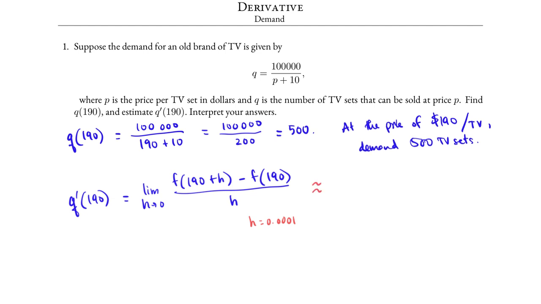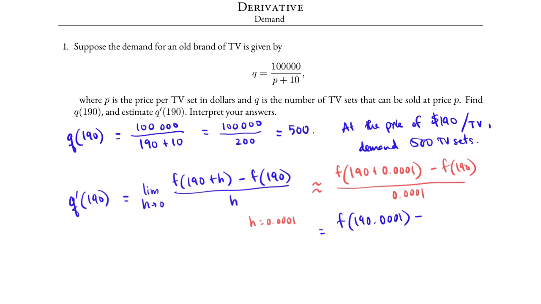We drop the limit and write f of 190 plus 0.0001 minus f of 190 over 0.0001. This is f of 190.0001 minus f of 190 over 0.0001.